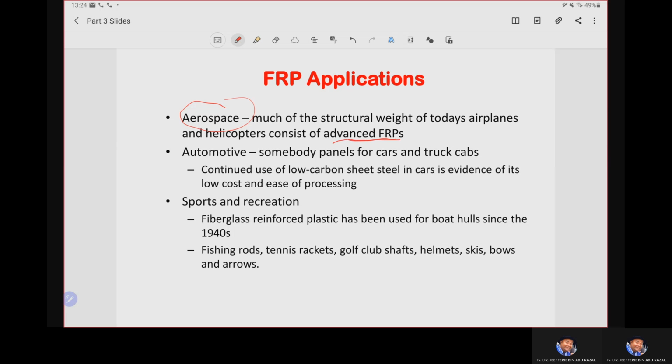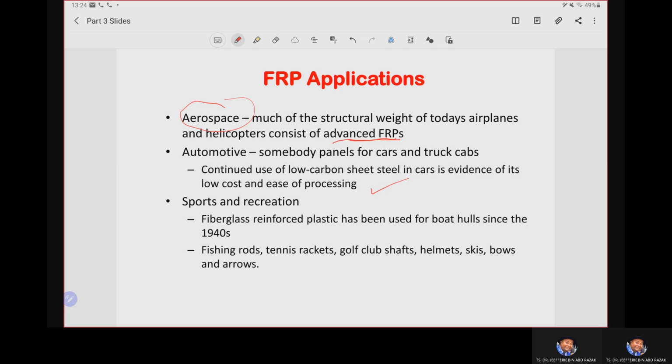For automotive applications, for example, car panels, bumpers, and truck caps are made from FRP. For sport and recreation, the high performance fishing rod, golf club shaft, helmet, skis, bows, and arrows are now made from FRP.